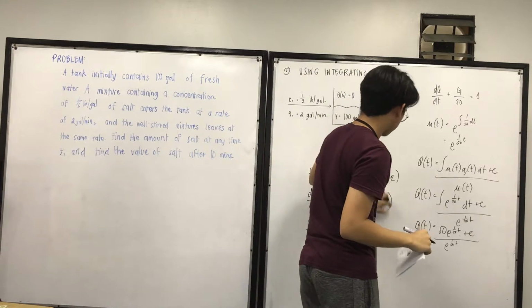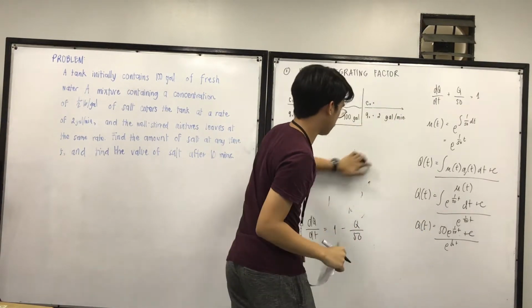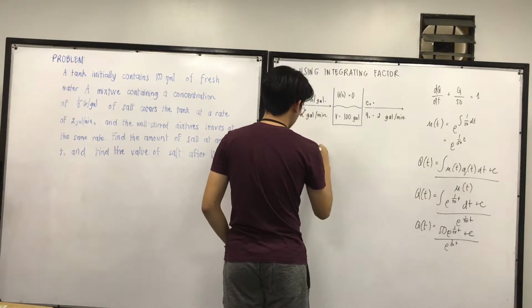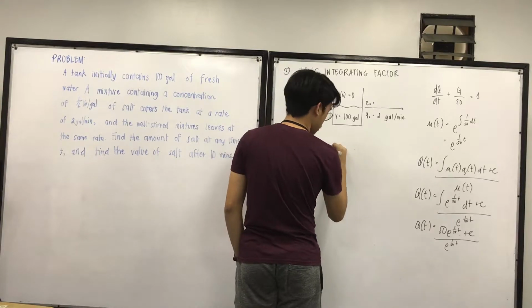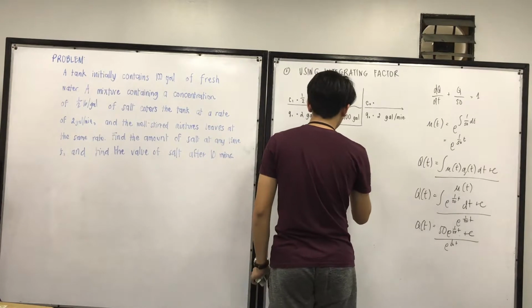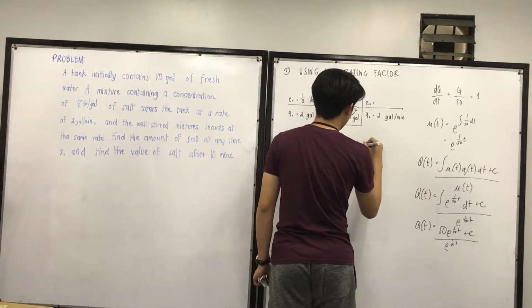Then we'll just bring up e raised to 1 over 50. So we'll be given the equation q of t is equal to 50 plus c e raised to negative 1 over 50t.